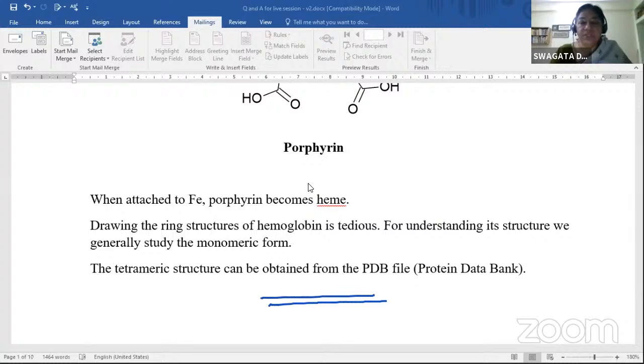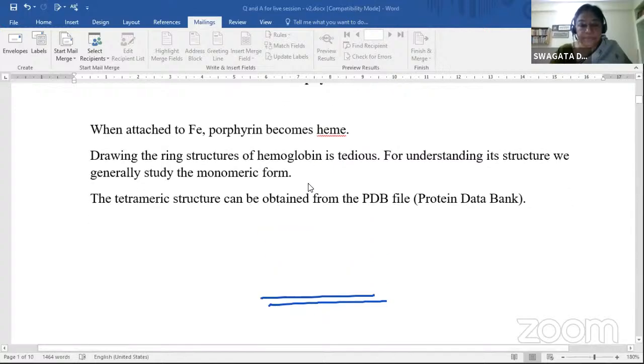And when we have a larger prosthetic group or a cofactor, we just write the short form of it, because as one who is studying biochemistry, you will know that this is the way we represent the molecules. So the representation is important, and the representation is universal.